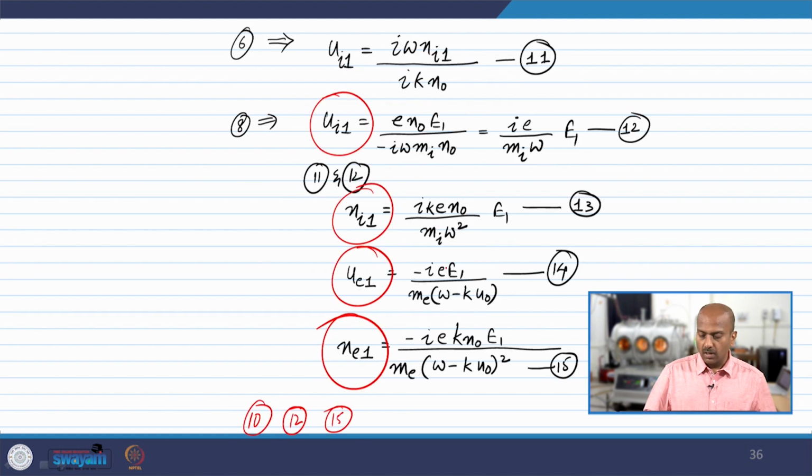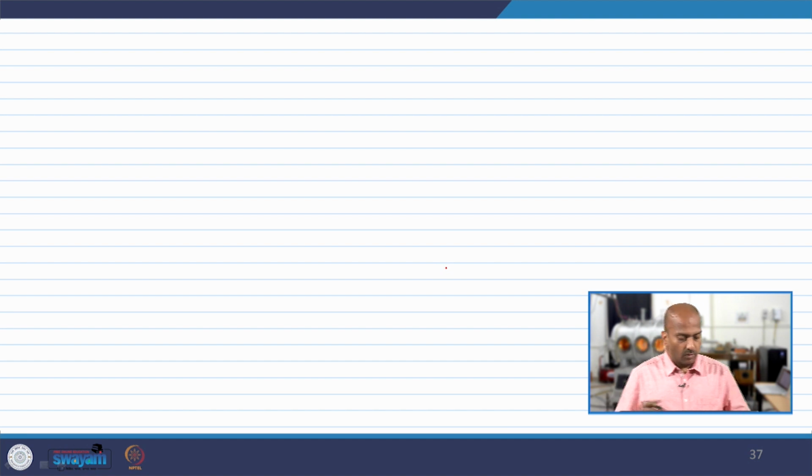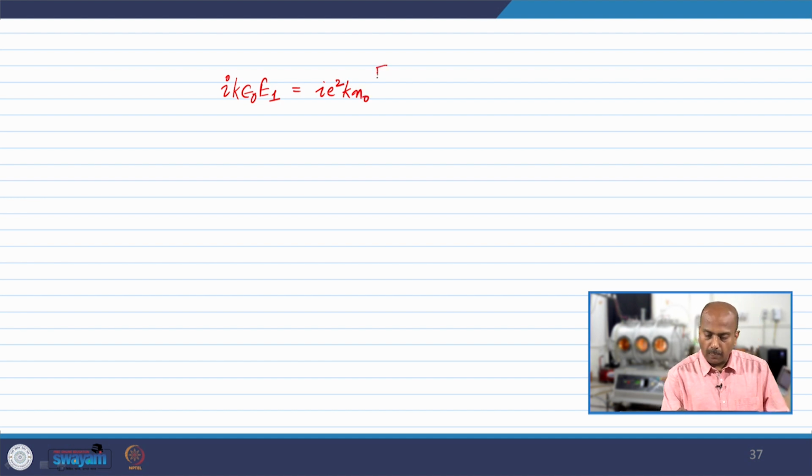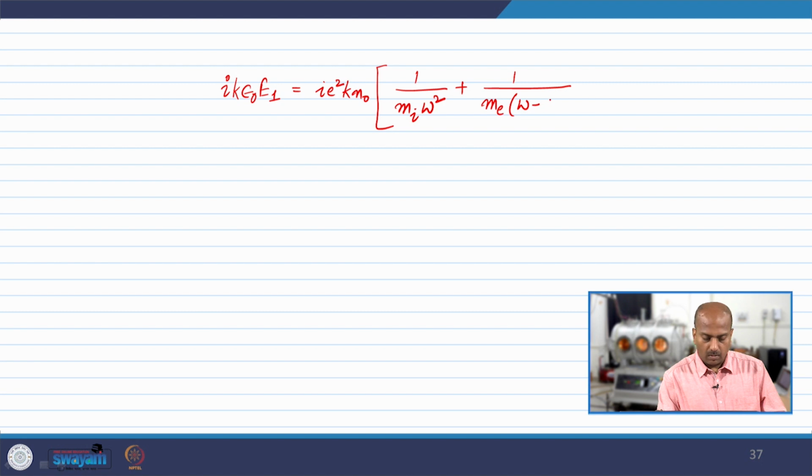If you substitute this into the perturbed Poisson equation, what you can write is this: i k epsilon naught E1 is i e square k n naught times (1 by m_i omega square plus 1 by m_e (omega minus k u naught) square) E1.